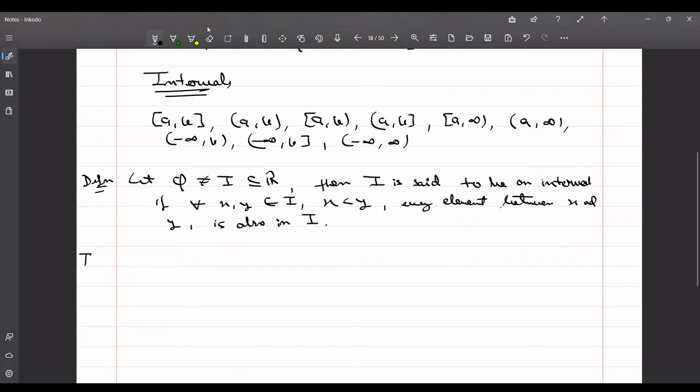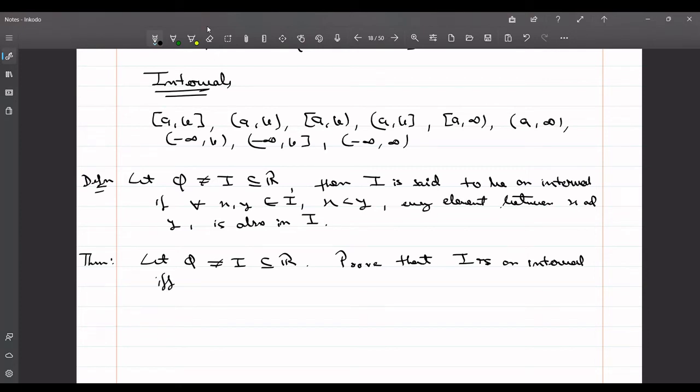Okay, so this is the definition of an interval, and from this definition there comes out a theorem, which is very important. Let us take a non-empty subset I of R. Prove that I is an interval if and only if I is one of the above 9 types.